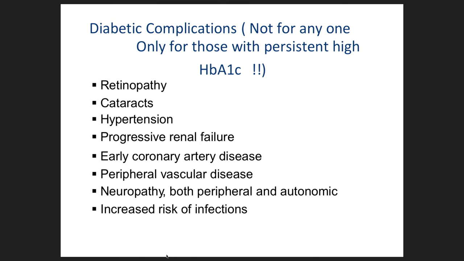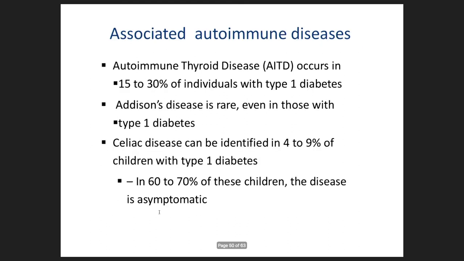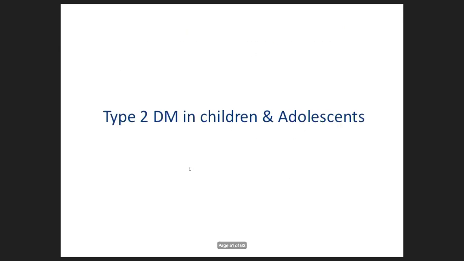As I mentioned, these complications are not for everybody with diabetes, only for those with poorly controlled diabetes. Those with good control, inshallah, will not have these complications. Associated autoimmune diseases with type 1 diabetes, as mentioned earlier, include celiac disease, Addison disease, and autoimmune thyroid diseases.